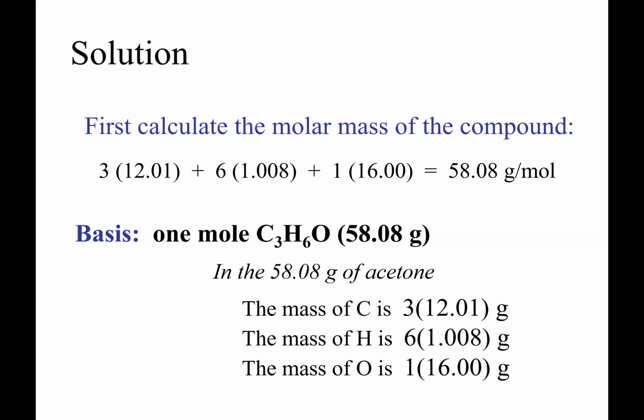How much is hydrogen bringing? 6 times 1.008 grams. How much is oxygen bringing? 1 times 16.00 grams. So we're getting close. We just took that 58.08 grams and asked where it's coming from. Well, carbon, hydrogen, oxygen. That's where it's coming from, and those are the relative amounts.